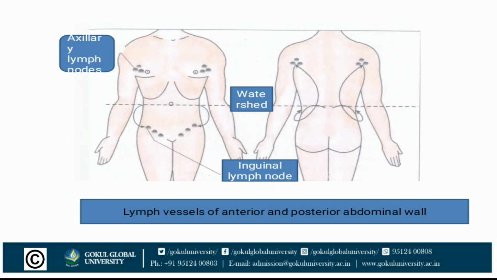In this diagram you can see the watershed line passing transversely through the umbilicus, as well as the axillary lymph nodes, inguinal lymph nodes, and lymph vessels of the anterior and posterior abdominal wall. Watershed line means it receives dual supply.